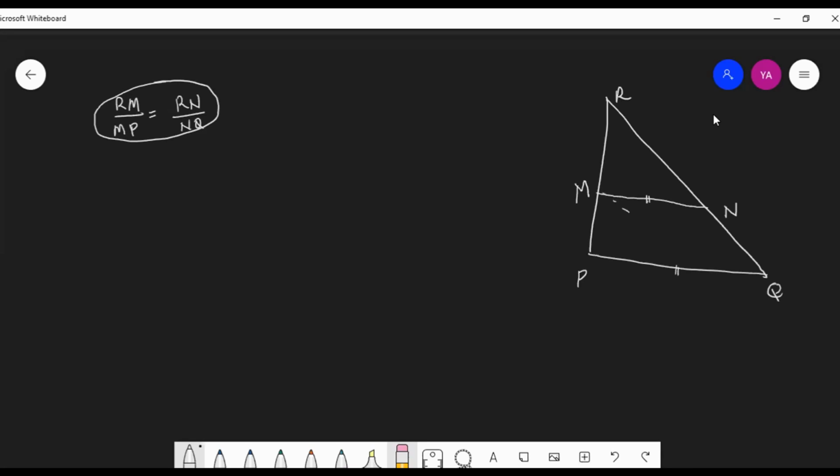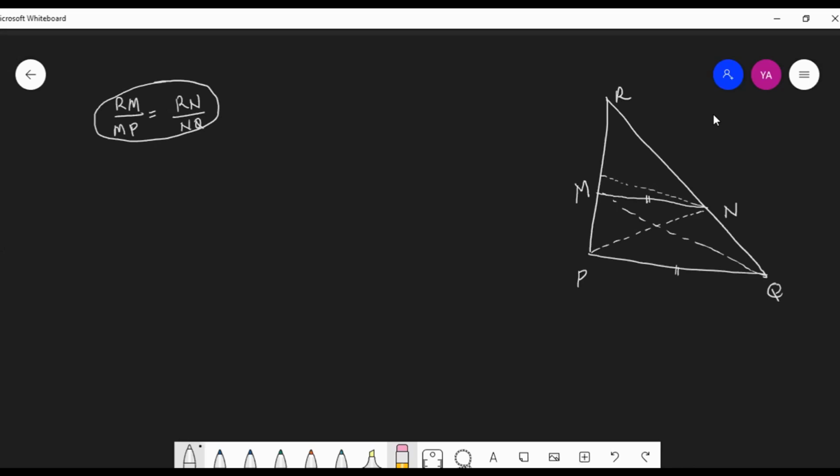I join M and Q. And also I join P and N. And I mark the height of triangle MRN. Suppose it comes here. This is the height of triangle MNR.